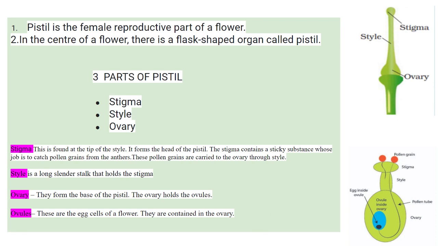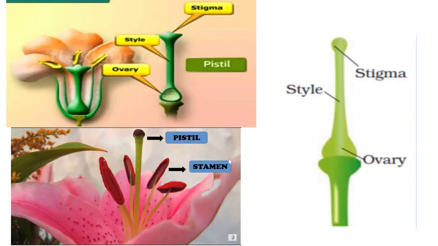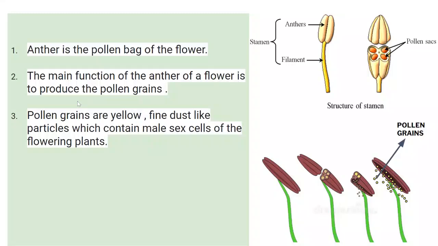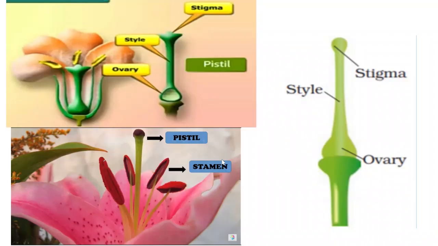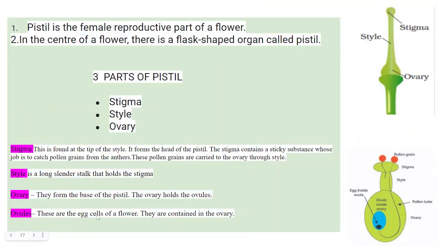Ovules are the egg cells of the flower. Earlier we learned that pollen grains are the male sex cells of the flower, and ovules are the female sex cells or egg cells of the flower, found inside the ovary. Okay, I hope it is clear to you all.